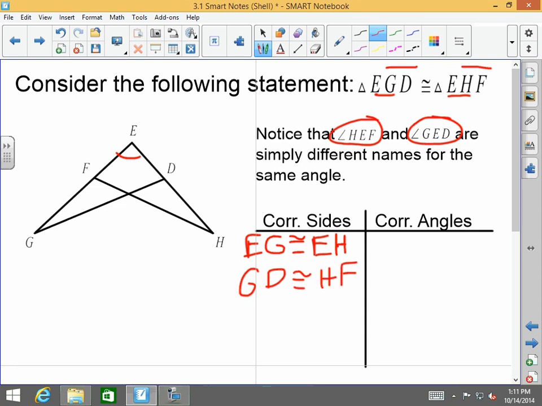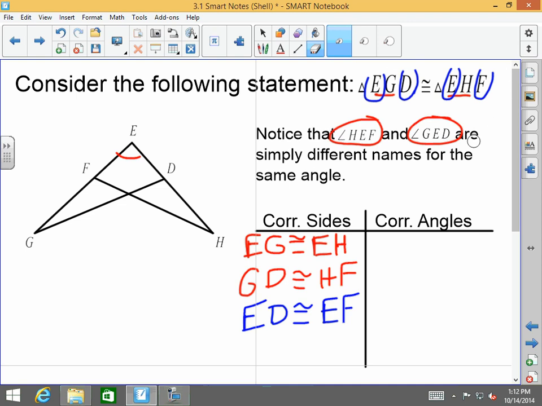And last but not least, we'll do it in a different color so you can see it. ED is congruent to EF. So ED is congruent to EF. Okay? Does that make sense, boys? Awesome.